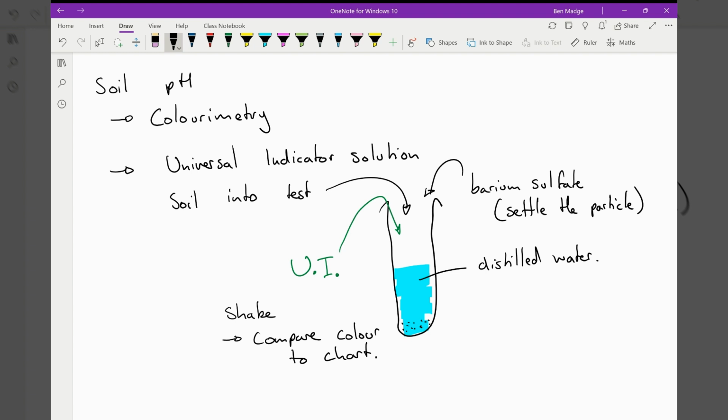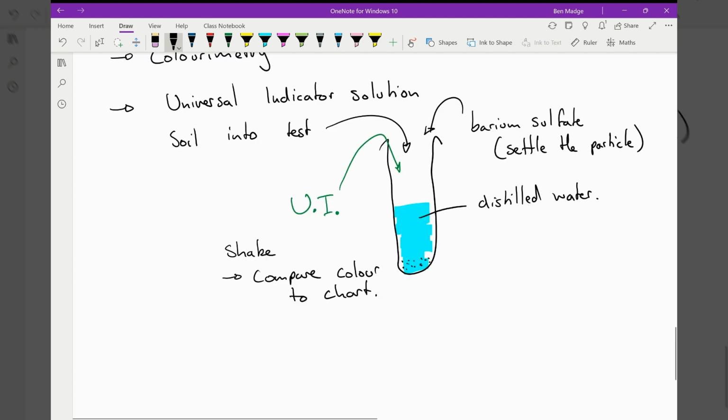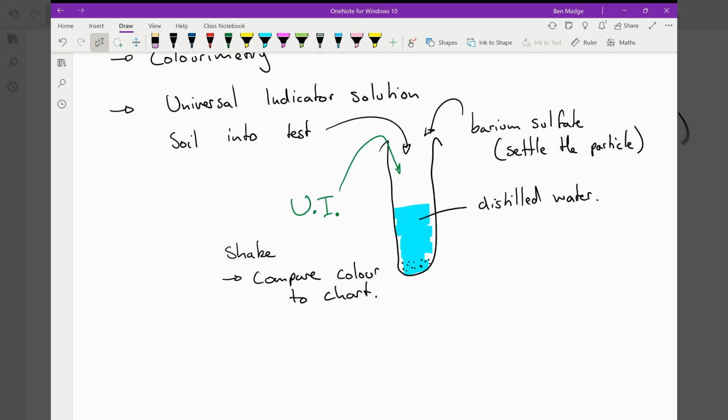The process using indicator papers is very similar, but instead of adding our universal indicator into the water, we dip the indicator paper into it, and then we compare it to a color chart as well. So much in the same way.